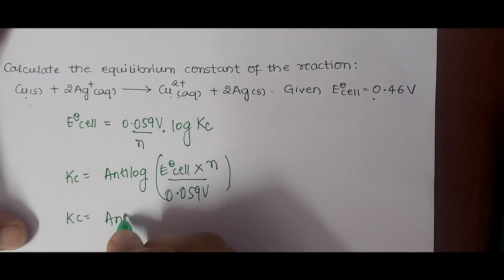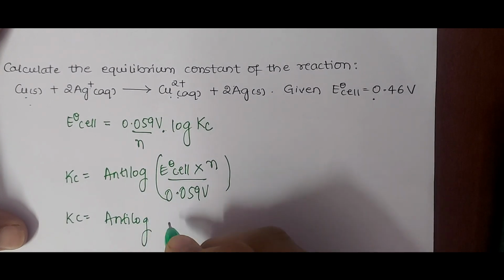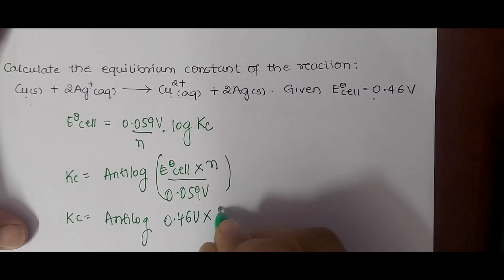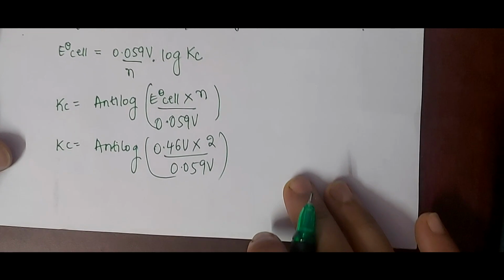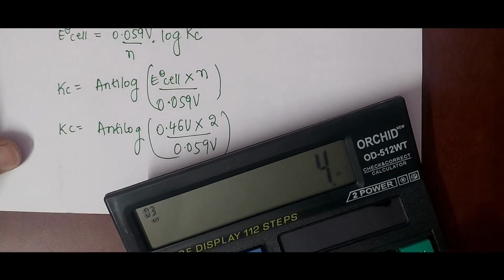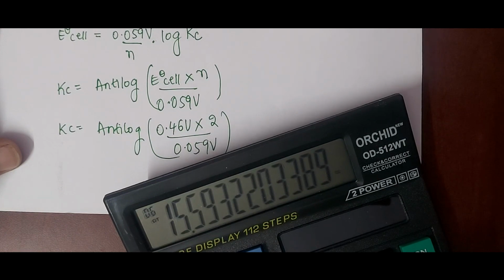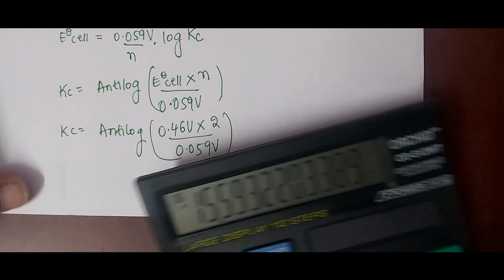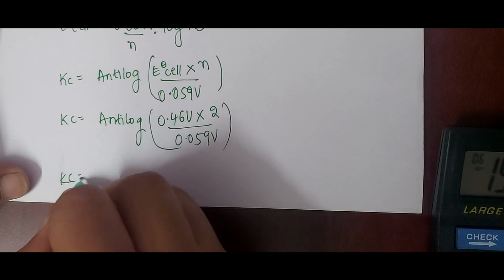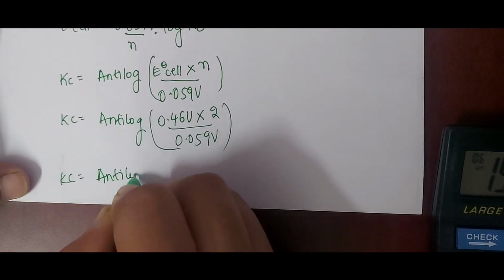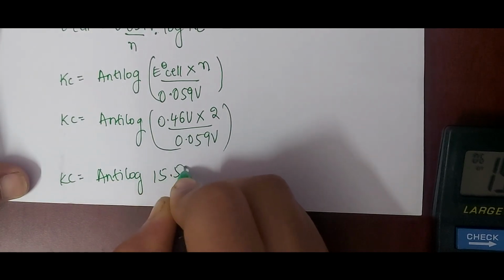We'll substitute it. Kc is equal to antilog of E0 cell value 0.46 volt into 2 divided by 0.059 volt. Now when you simplify it, what do you get? 0.46 into 2 divided by 0.059. When you divide it, you get 15.593. So Kc is equal to antilog of 15.593.